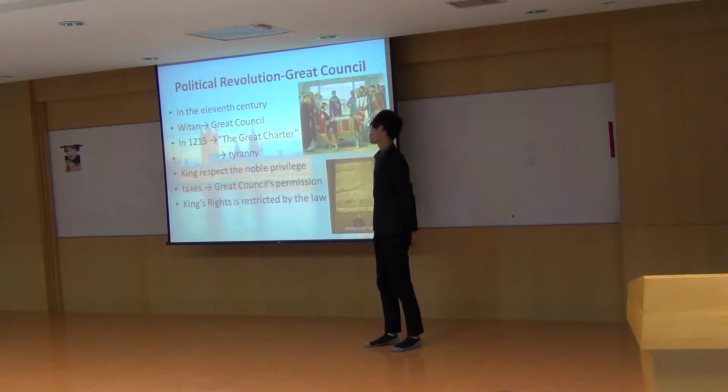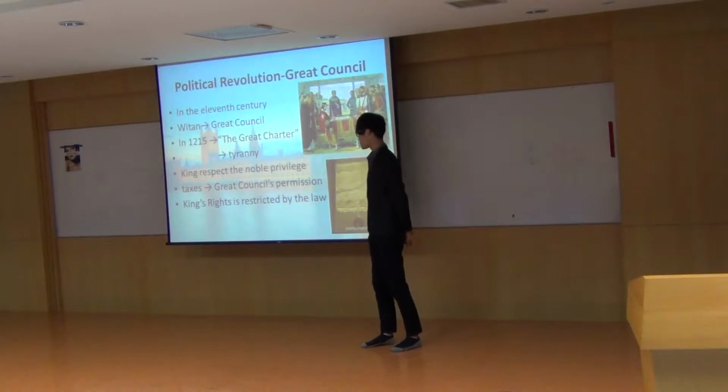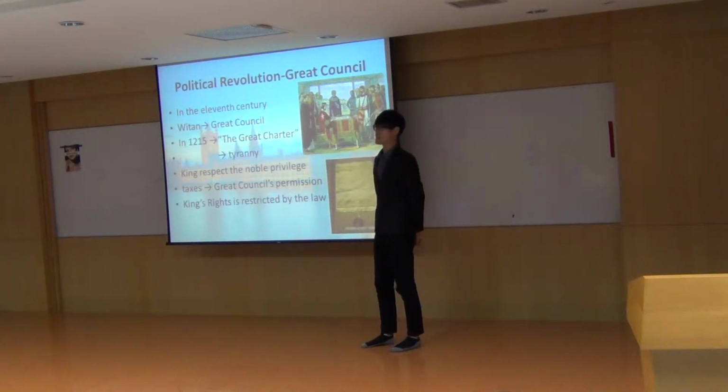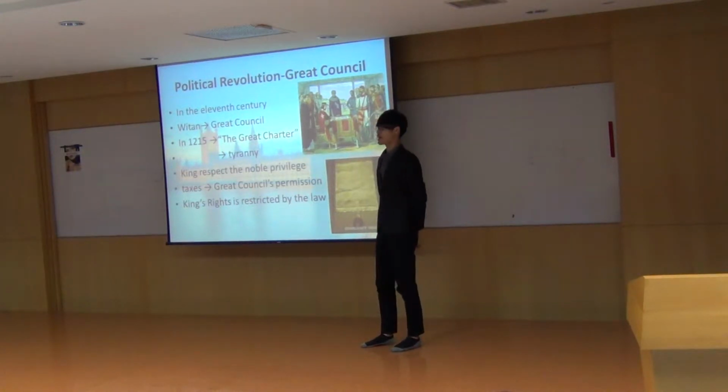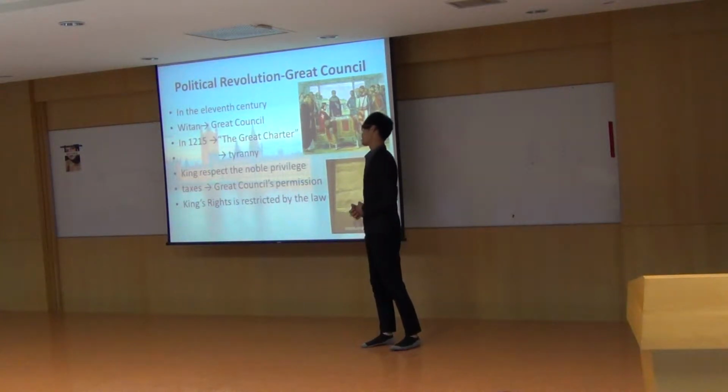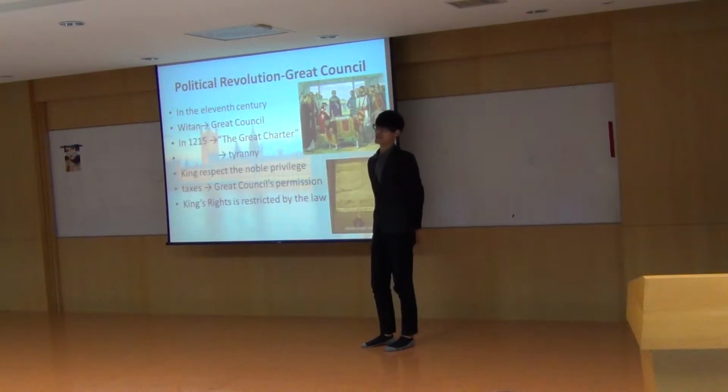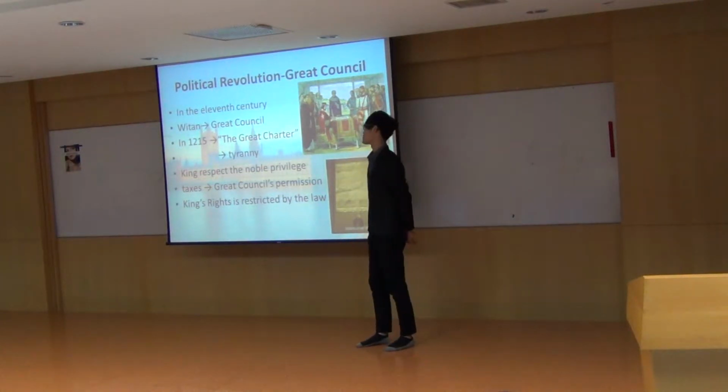The rules of the Great Charter include that the king has to respect the nobles' privilege. It means that the king was not able to imprison nobles without a court's judgment and has to get permission before announcing a national decree, such as a new tax, special contribution, peace, war, and new rules.